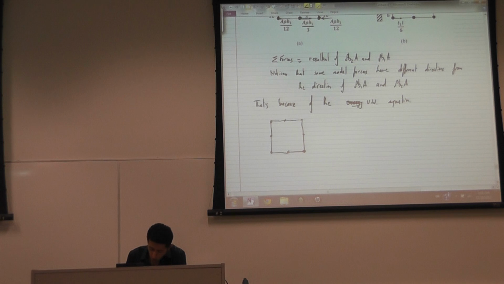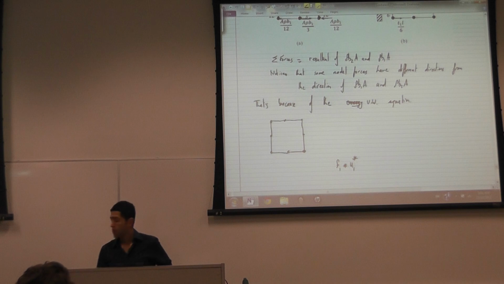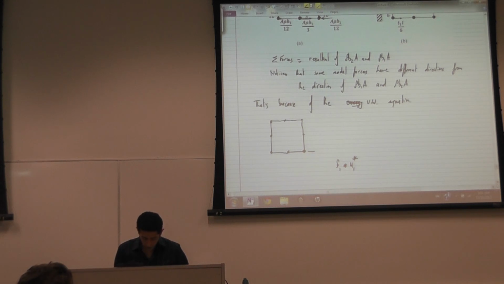So basically, what we're saying is, I want F1 multiplied by U1 star, and this is F1, is equal to the integral of rho B1A multiplied by U star dV.